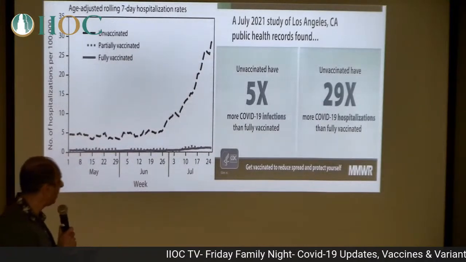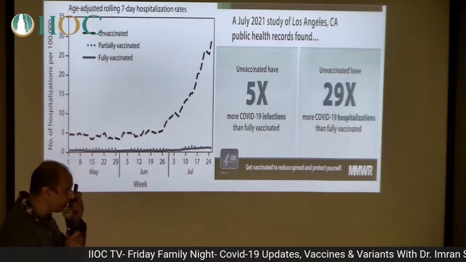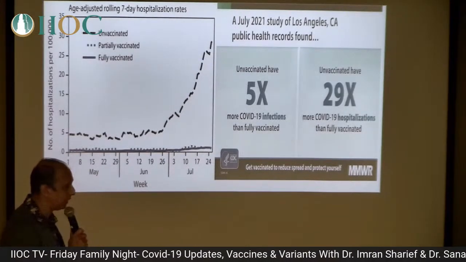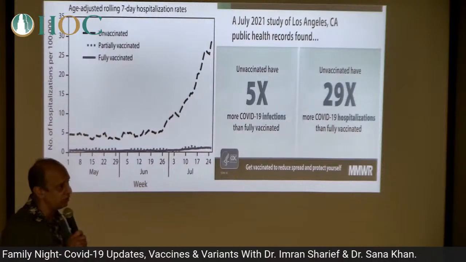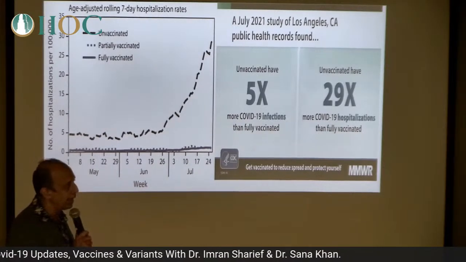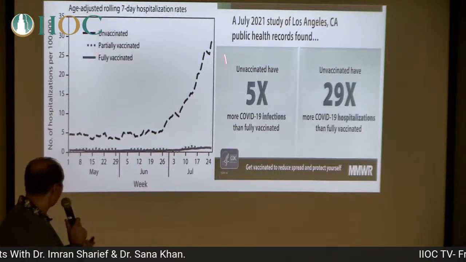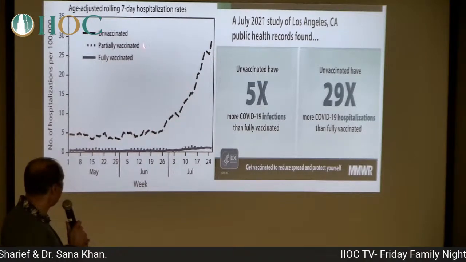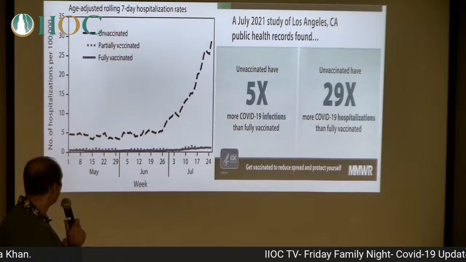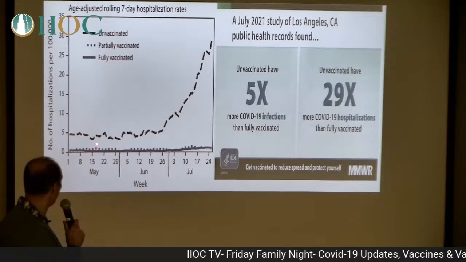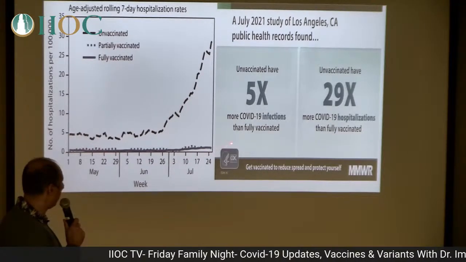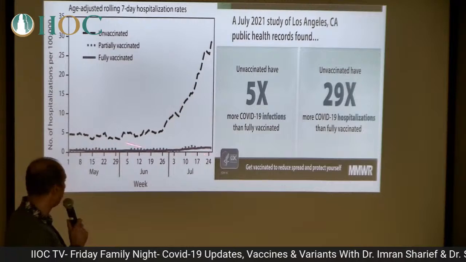Now, what's happening with the vaccinated and unvaccinated, I think this will be really important for people who are not vaccinated to understand and get the vaccine jab. This graph is showing three different groups: unvaccinated, partially vaccinated, and fully vaccinated. Look at the fully vaccinated. No issue at all. Literally no issue at all.